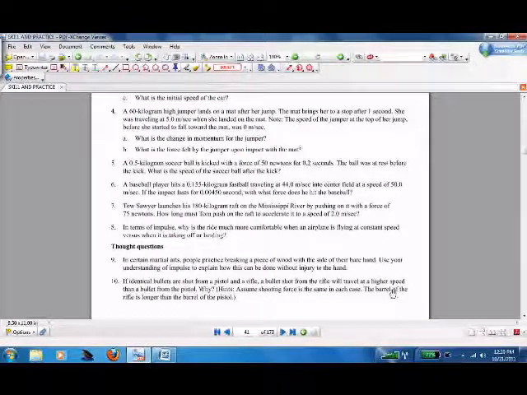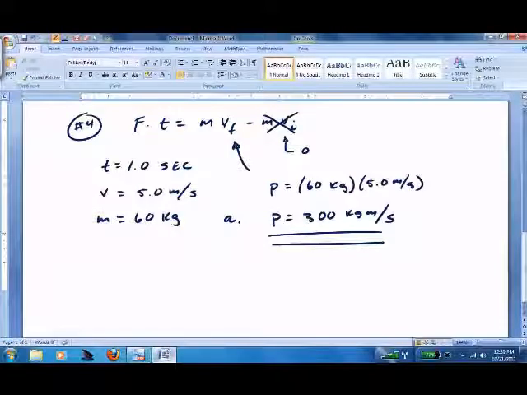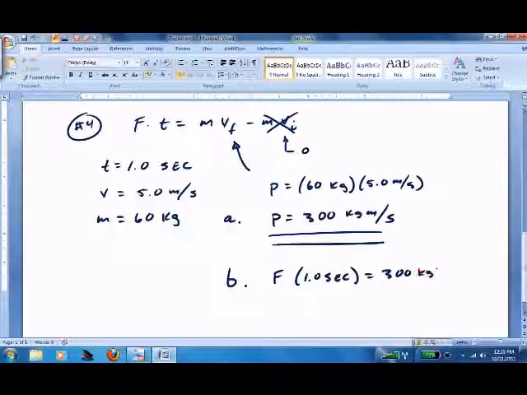What is the force felt by the jumper upon impact with the mat? Now the mat does a kind of reverse impulse, so I suppose we could give this a negative, but we don't need to. Again, we don't know the force. We know it took 1 second, and we know it had to take away 300 kilogram meters per second of momentum.